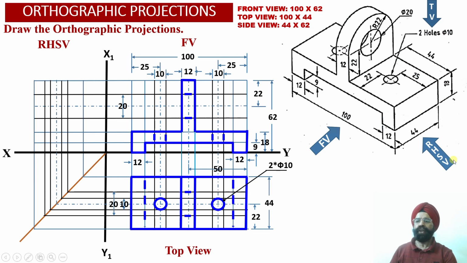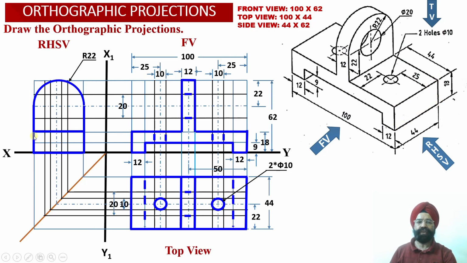Let us proceed to evaluate the surfaces which will be visible to the observer as the observer looks at the solid from the right hand side view orientation. So when the observer is looking at the solid from the right hand side face, we see that all of this portion is parallel to the profile plane, this surface as well as this surface. So the observer is going to observe the true shape projection corresponding to this rectangular surface of the horizontal web, or element number 1.